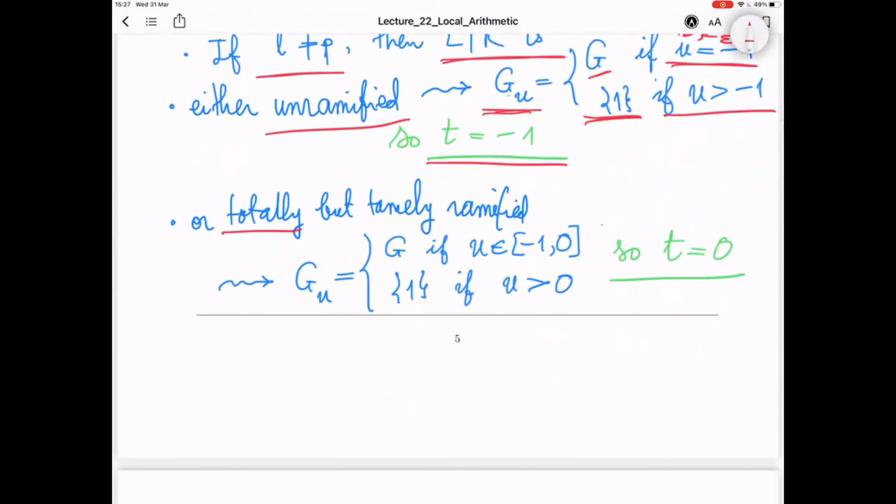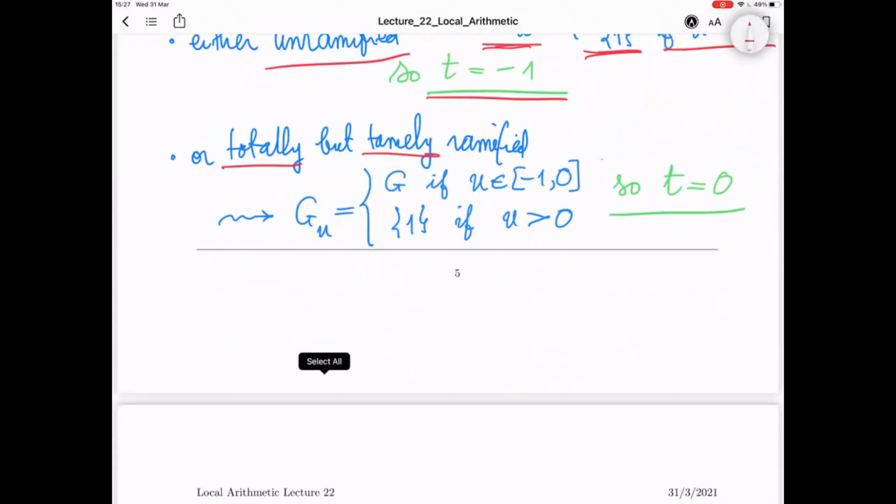Or it could be totally but tamely ramified. Totally ramified because the degree is prime: ramified means the ramification index divides the degree, and the only number which divides a prime number is the prime number itself. So the ramification index has to be equal to L, and therefore this extension is totally ramified.